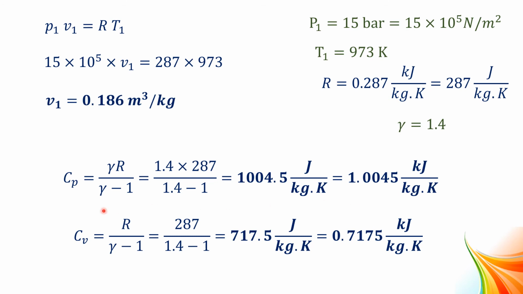Similarly, we have to find out the value of Cv by using this relation R by gamma minus 1. So we know the value of R and gamma. Substitute in this equation, we get 0.7175 kilojoule per kilogram Kelvin.